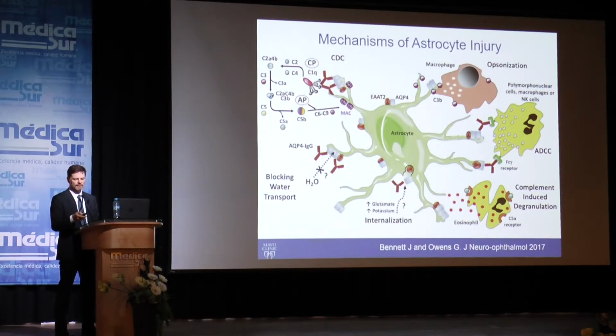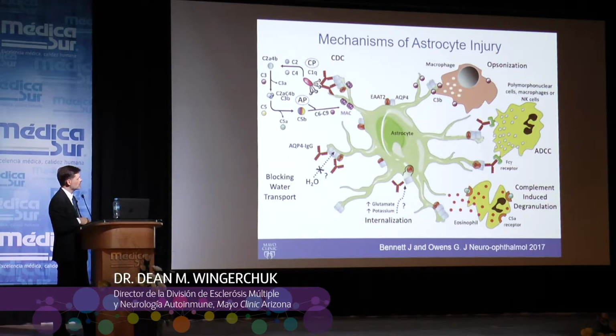And here's a nice schematic put together by colleagues at the University of Colorado who have at the center of the cartoon here the astrocyte and the number of mechanisms by which aquaporin 4 antibodies can interfere with astrocyte function or kill astrocytes. Everything from blocking water transport at the end foot itself to binding with the antigen and resulting in its internalization, which can lead later to complement-induced degranulation.